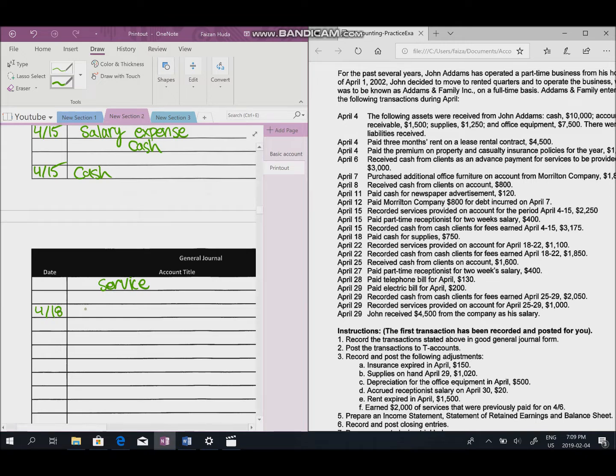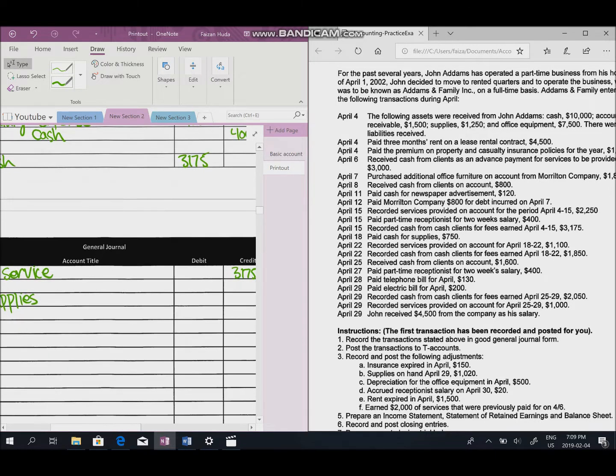So automatically I know my supplies. Keyword was supplies here, by the way. Since I paid for them, I'll debit them, since an asset increases when you debit it. So $750 for supplies.